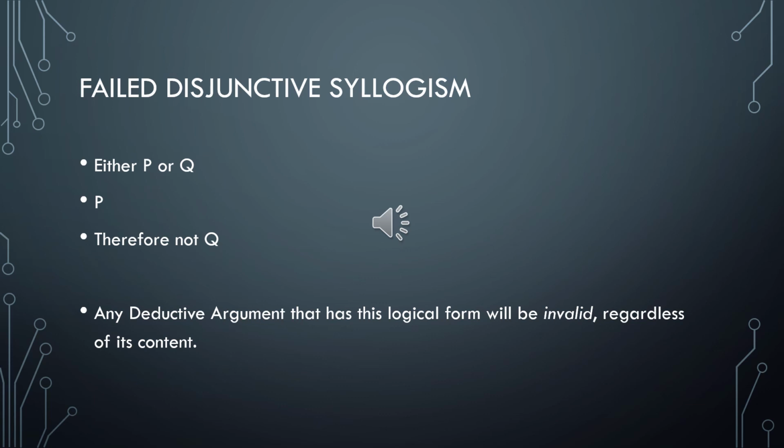As we saw in our previous example, it can be true that Los Angeles and San Diego both are cities in California, so either one or the other is, and therefore by saying Los Angeles is, that doesn't imply at all that San Diego is not. And the important thing here is to learn the structure. Because this disjunctive argument does not eliminate one of the possibilities in the second premise, it cannot be a valid argument form.